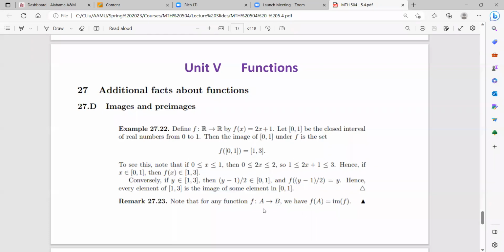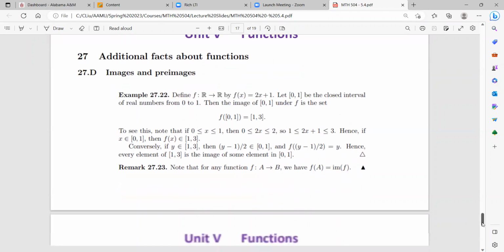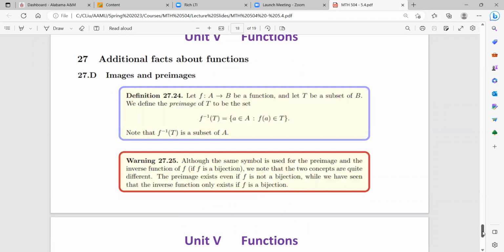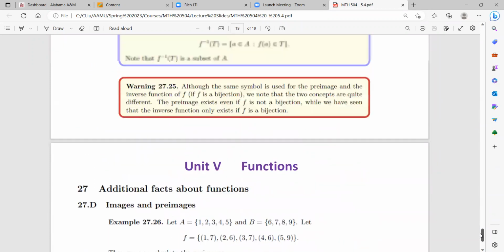This is just a notation. You can write the image of f as f of the domain A. Pretty straightforward. And I guess we have a little left in this section.